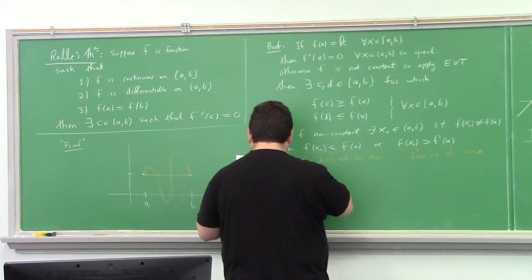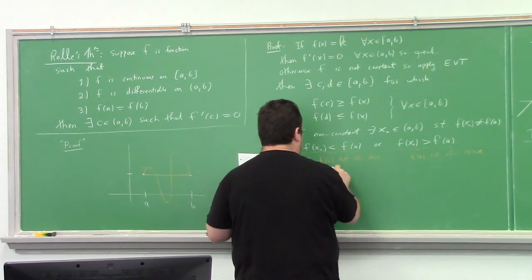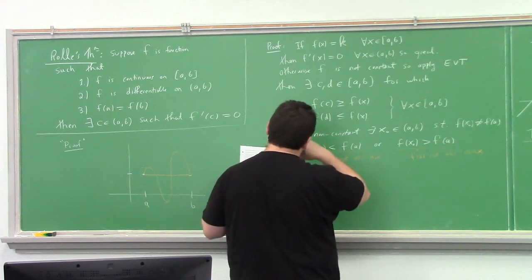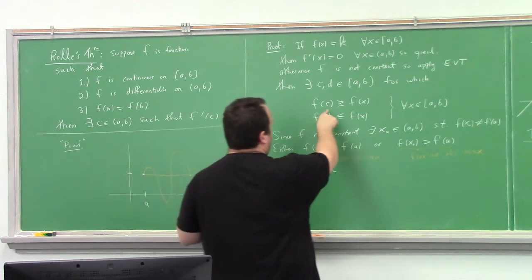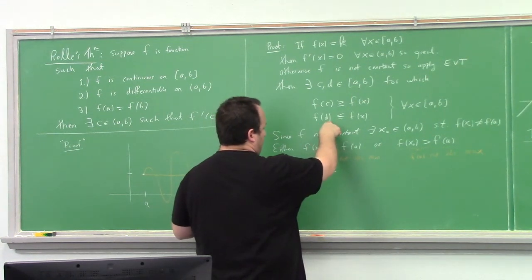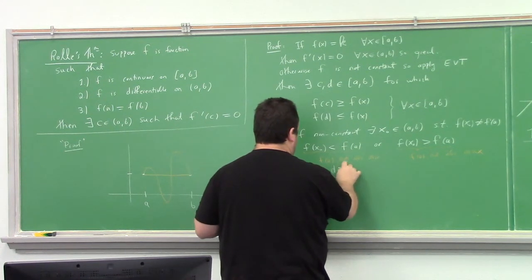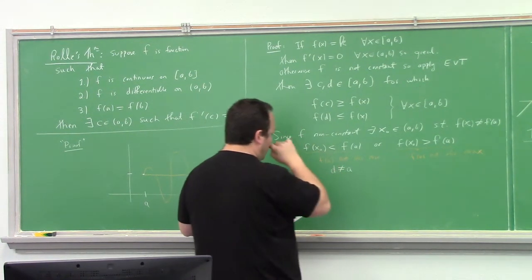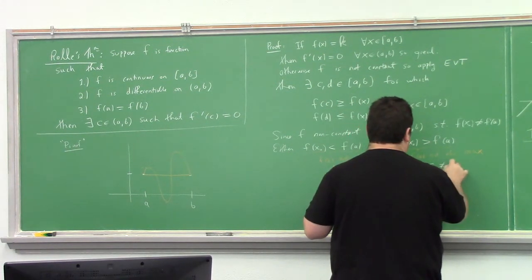Not equal to, so that would tell us that C, let's see here, which was the absolute minimum? This one, right? So this would say that D is not equal to A, right? And this one would say that C is not equal to A.